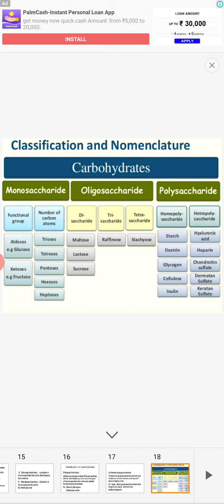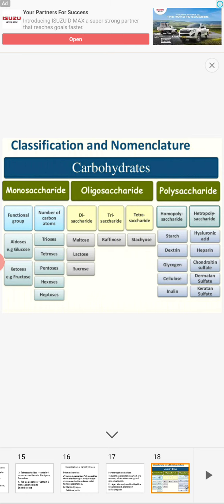Oligosaccharides on hydrolysis yield 2 to 10 monosaccharide units. Examples are disaccharide like sucrose, tetrasaccharide, pentasaccharide. Di, tri and tetrasaccharide are examples for oligosaccharide.